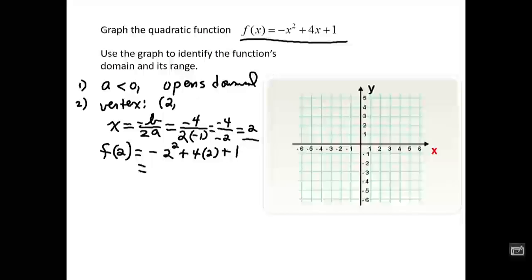Simplifying, 2 squared is 4, so a negative 4 plus 8. 4 times 2 is 8, plus 1. A negative 4 plus 8 is 4. 4 plus 1 is 5. So the y-coordinate of the vertex is 5.